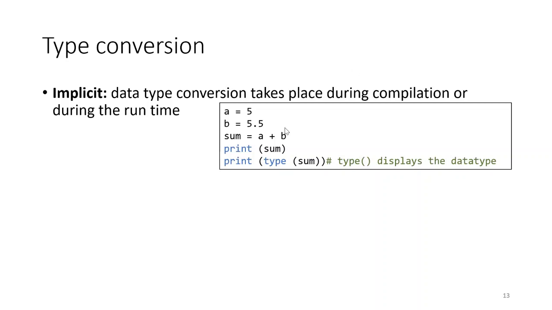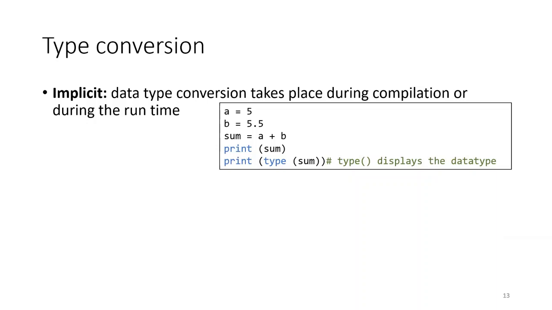So here it converts A implicitly to floating point. So it will be basically 5.0. And B is also floating point, and the result will be floating point. Because we know simply that when an integer is summed up with a floating point, the result should also be floating point.